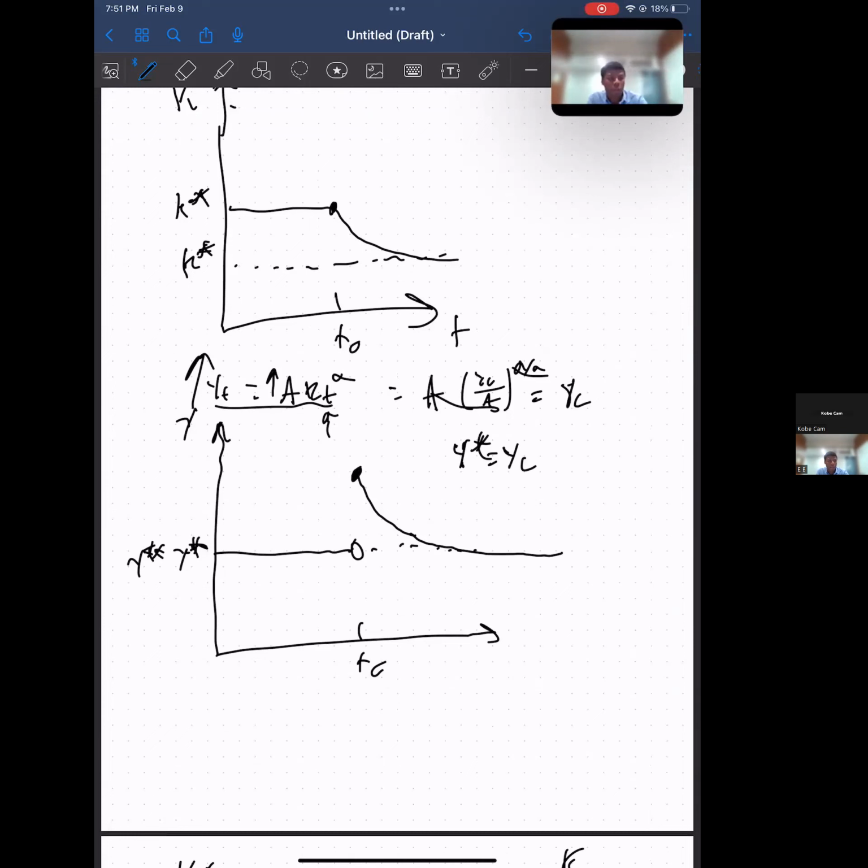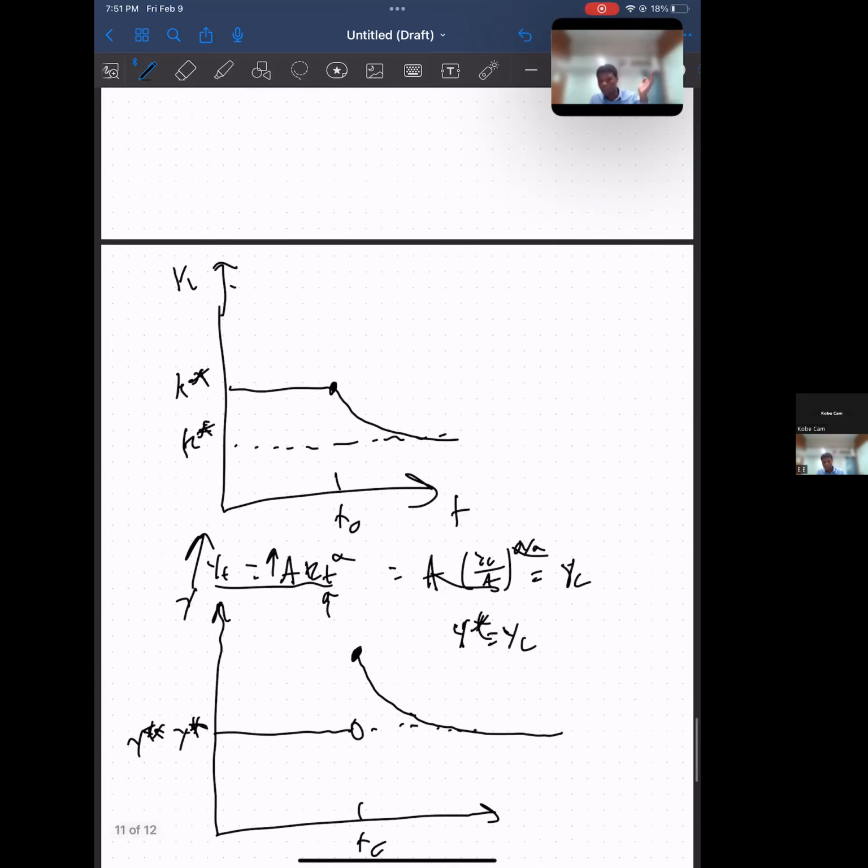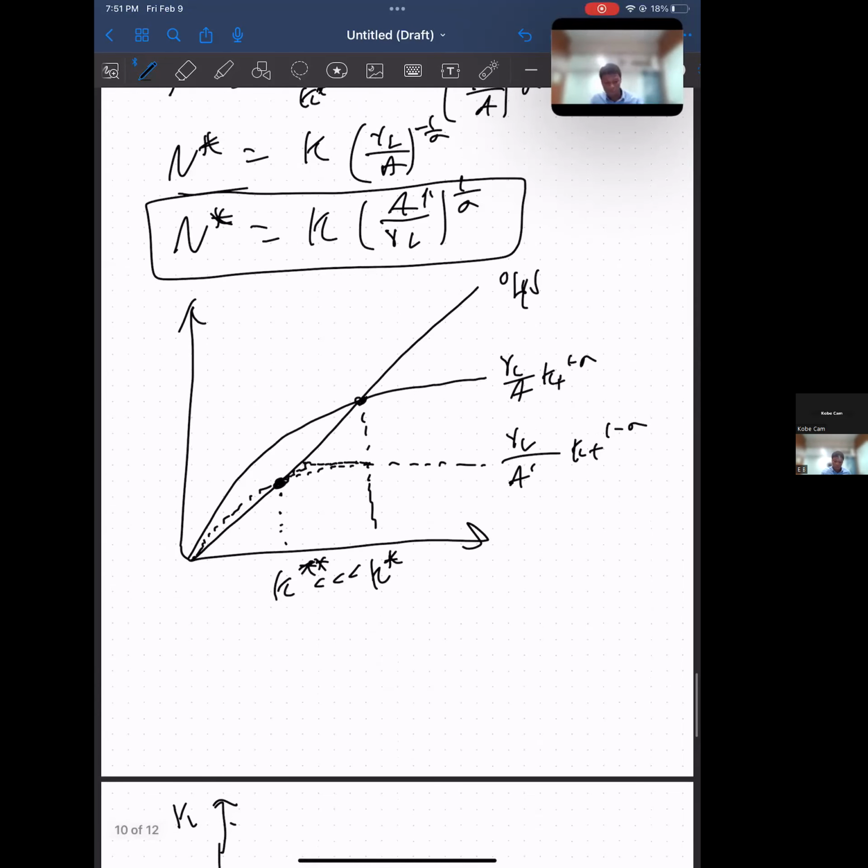The last question asks, discuss the differences between the Malthus and Solow models, and predict how the economy responds to an improvement in technology. So there are some obvious differences here. If you remember from our Solow model, when technology increases, this should go up, right?